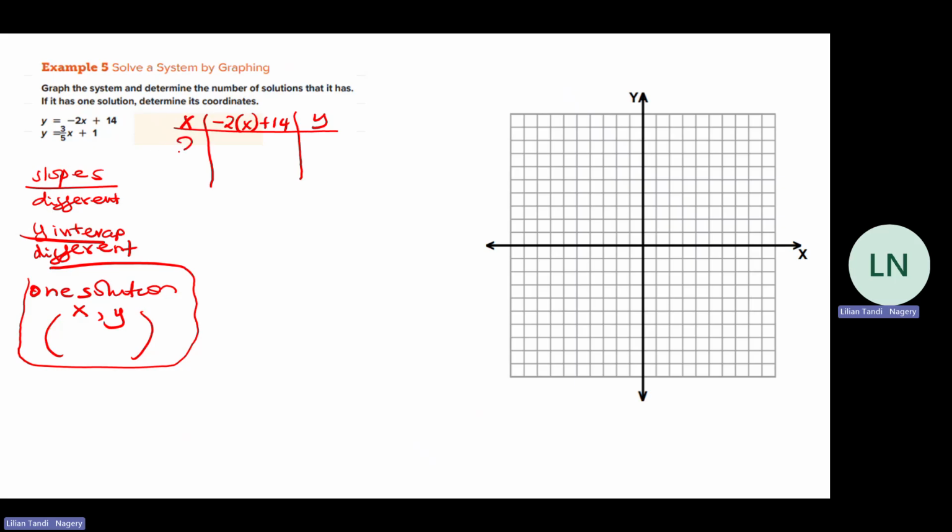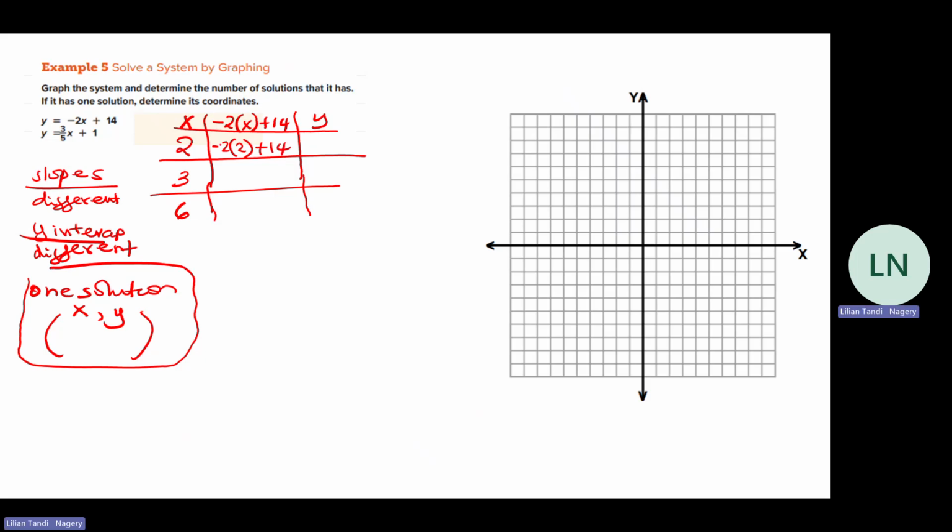Okay, so I'll start with 2, and then I will do 3, and I can do 4. It doesn't matter. I can also do 6. Any number 2 or more, because then I will get numbers that are here on my y-axis. All right, negative 2 times 2 plus 14.